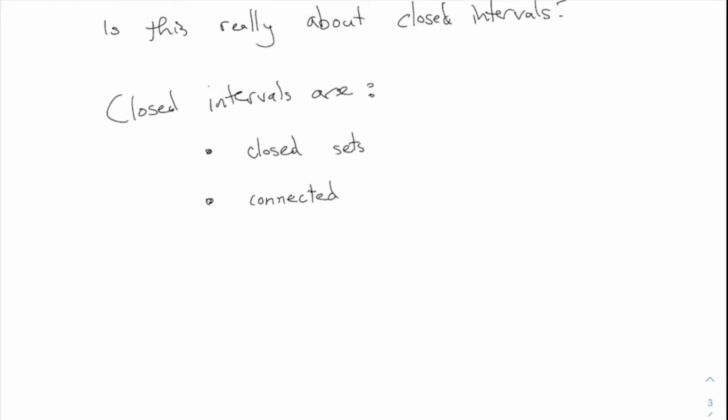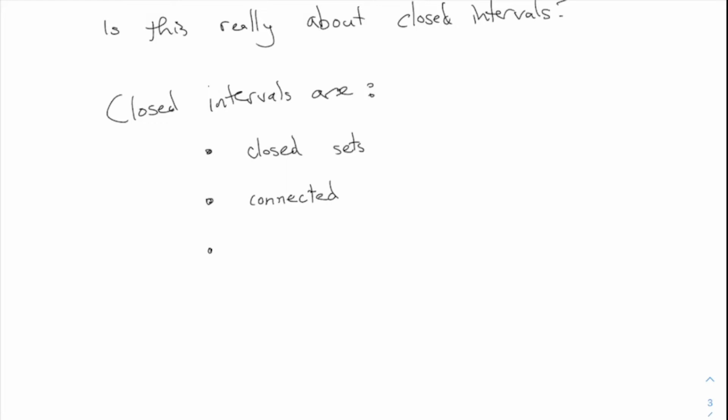The intermediate value theorem is actually true of any connected set. It doesn't have to be a closed interval. It's just a set which is all connected together, so that if you're negative somewhere and positive somewhere else, you can smoothly go through and get 0 somewhere in the middle.